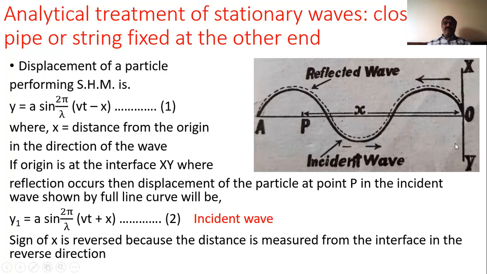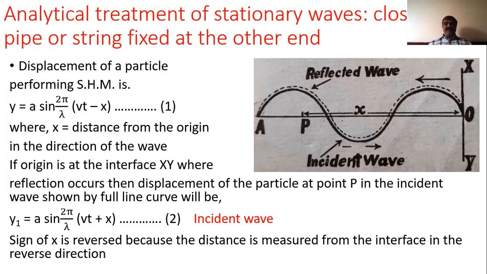This is called a closed end. Another example is where the string is not fixed and is just free to vibrate, and the other end of the organ pipe is not closed. So these are open end and closed end, and at first we will see the example of the closed-end organ pipe, or the string fixed at one end.